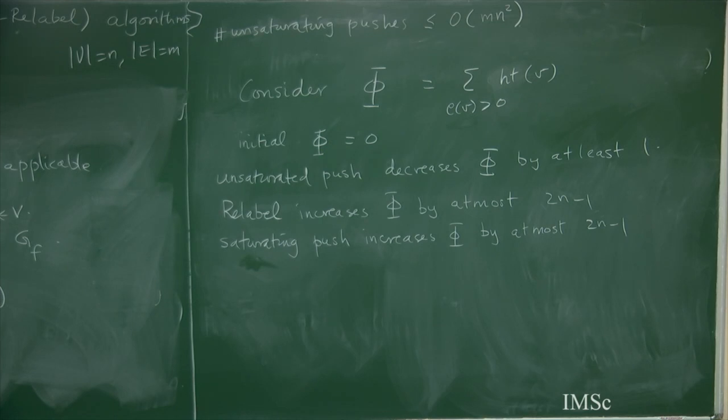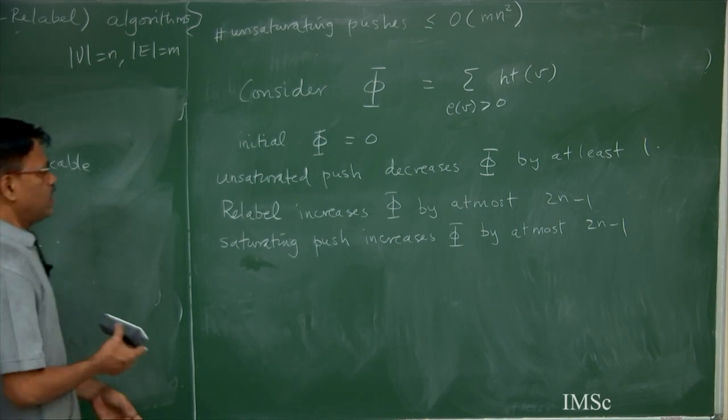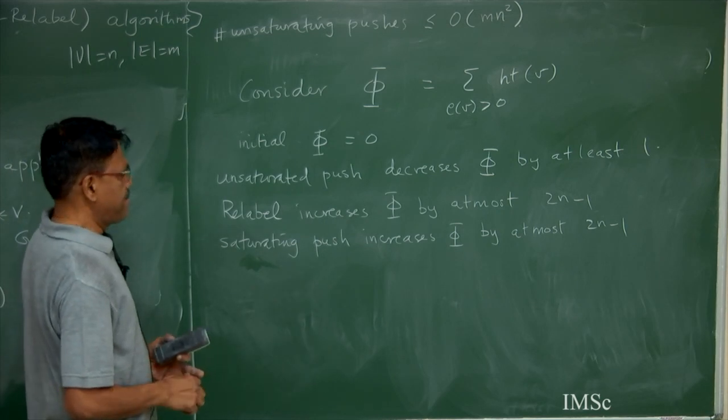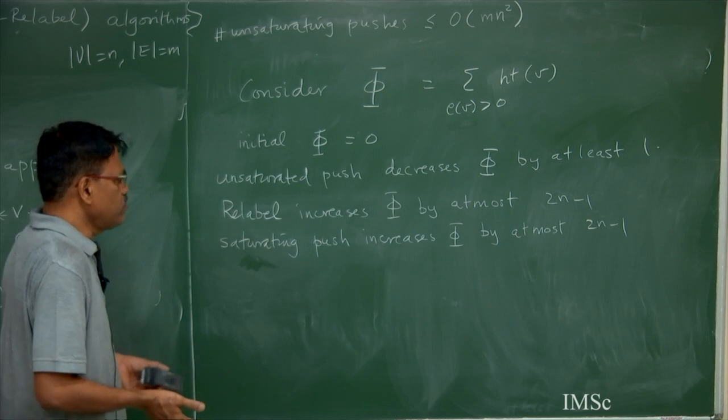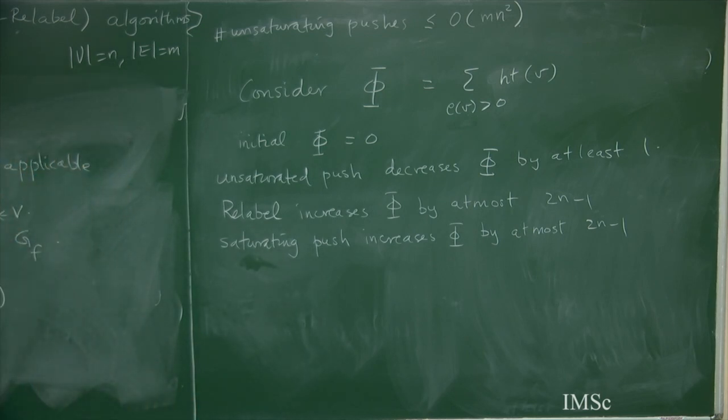Now between these three statements, our claim should follow, right? So what? Phi starts with 0, and these keep increasing phi by at most 2n. 2n is a very conservative amount.